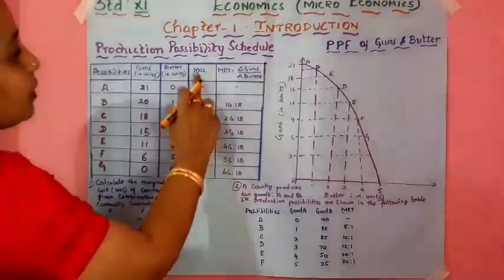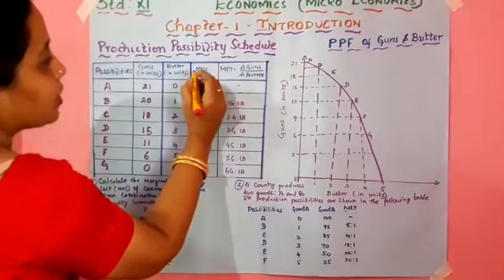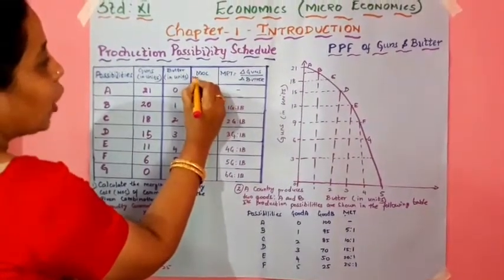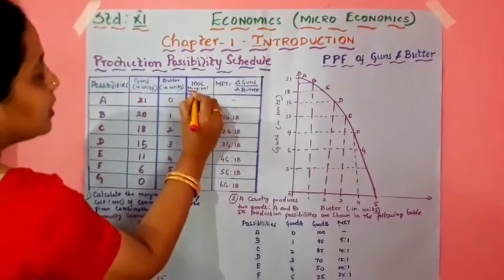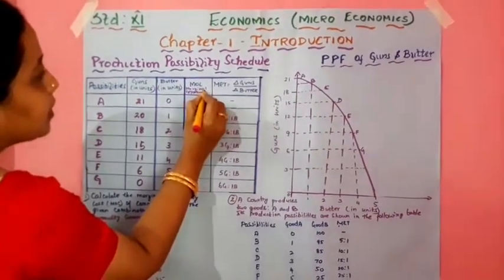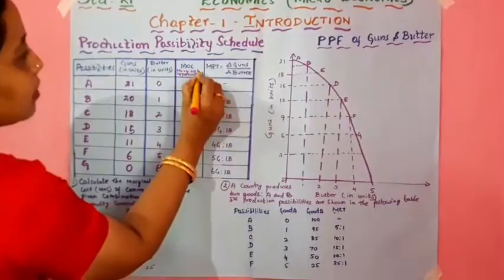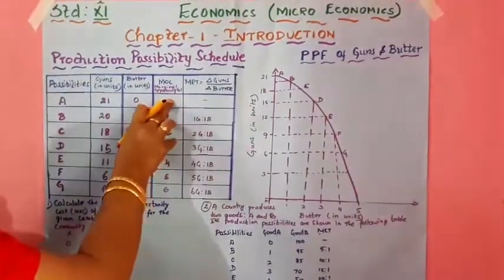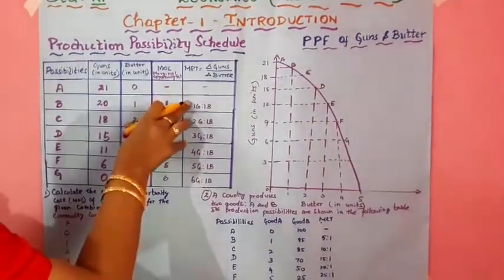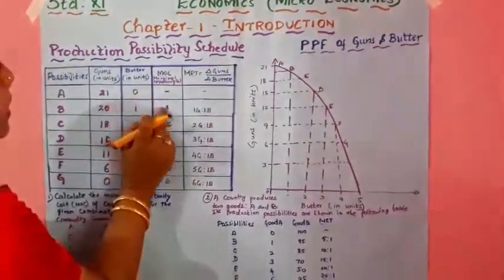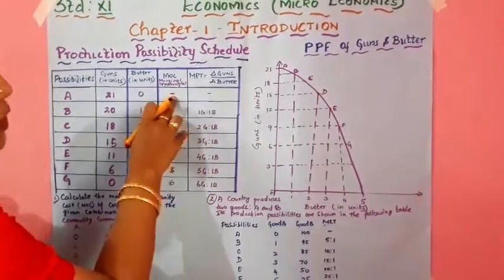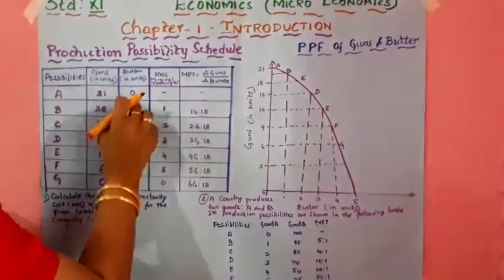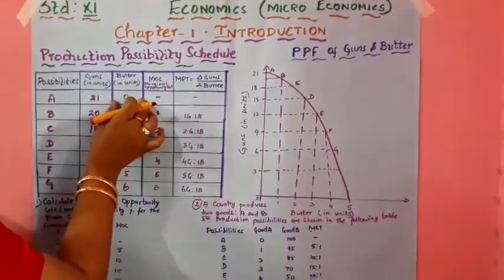Okay. Now see, marginal opportunity cost. This marginal opportunity cost, you will find only 0 here in the first unit always, because here it starts from 0.